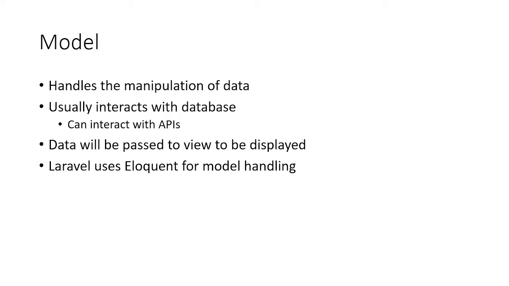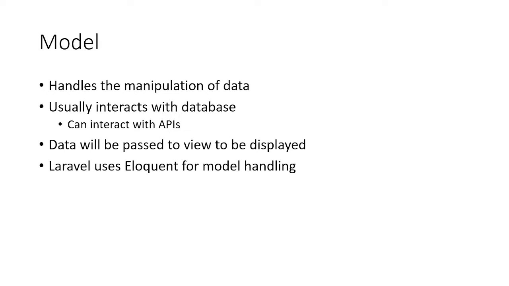For example, you want to select user information, or update user information, or delete user information. We have a term called CRUD. That is basically create, retrieve, update, and delete operations. So usually you will use model to interact with data that way.